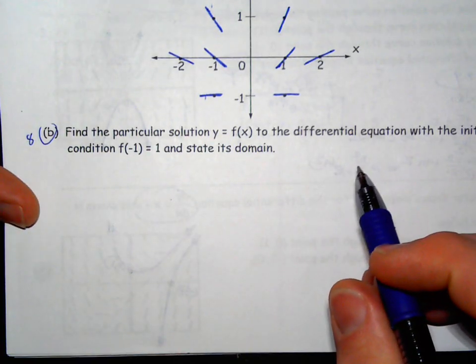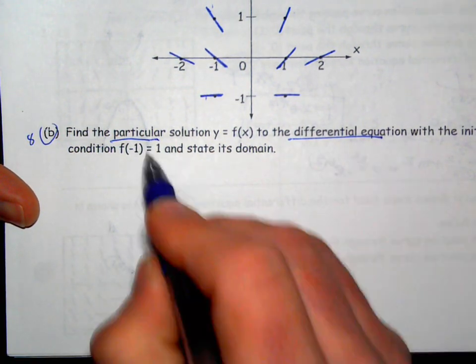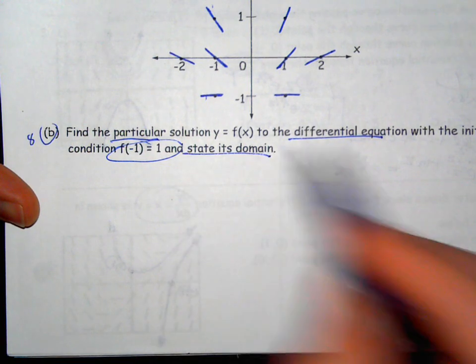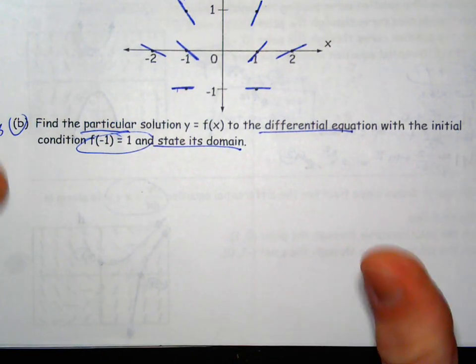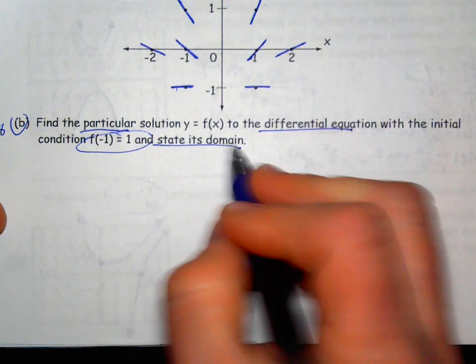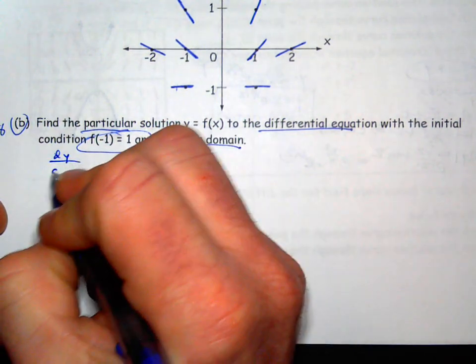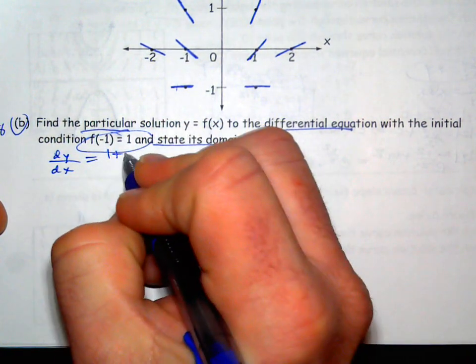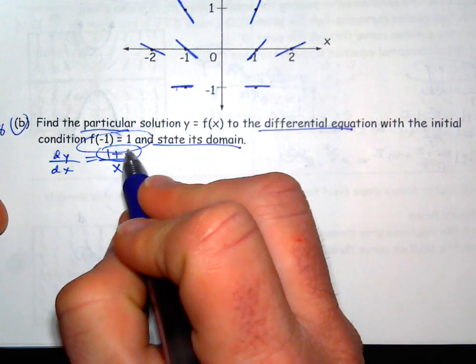Okay. Part B, find the particular solution of the differential equation. They give you an initial condition, state its domain. They don't even need to tell you that. You need to state the domain automatically for this. But it's nice that they reminded us. So we need to separate the variables. Now it should only involve multiplication and division. So we got to move this whole thing over here.